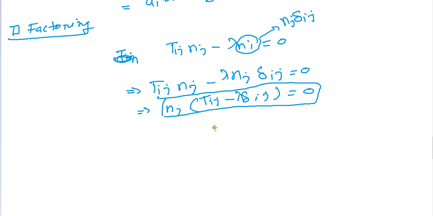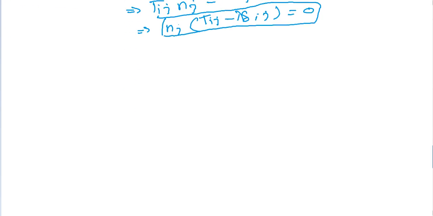Another manipulation of the notation is contraction, or contracting. Contraction is nothing but reducing the number of indices.